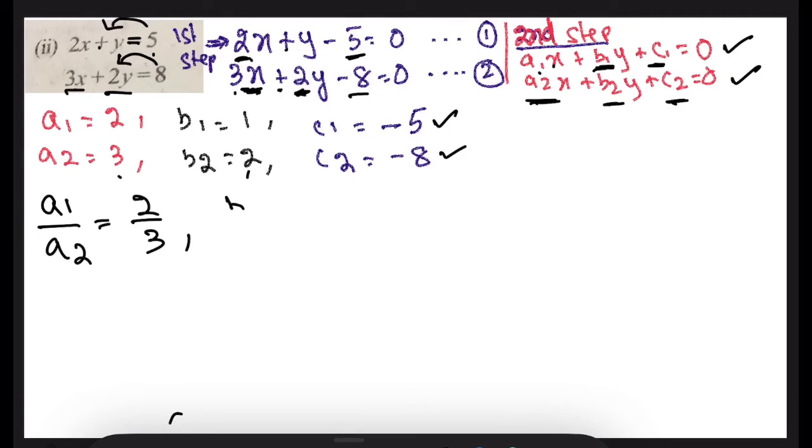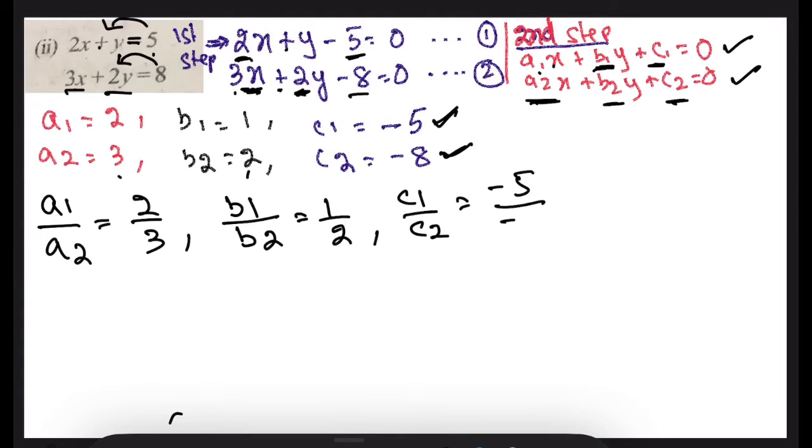Second ratio, B1 upon B2 equals to 1/2. Then C1 upon C2 is -5 upon -8. If you write like this, it will be easier in the exam. Now you see 2/3 is not equal to 1/2, isn't it?